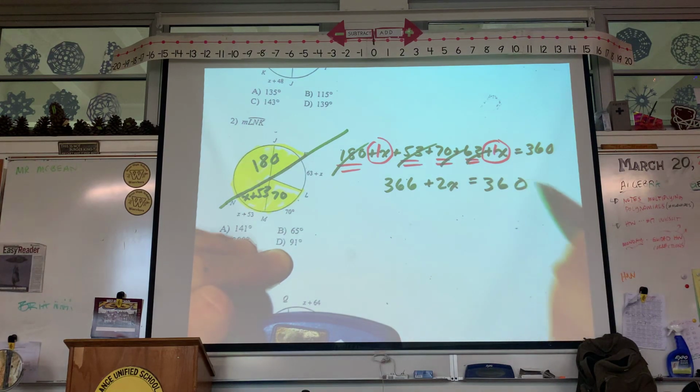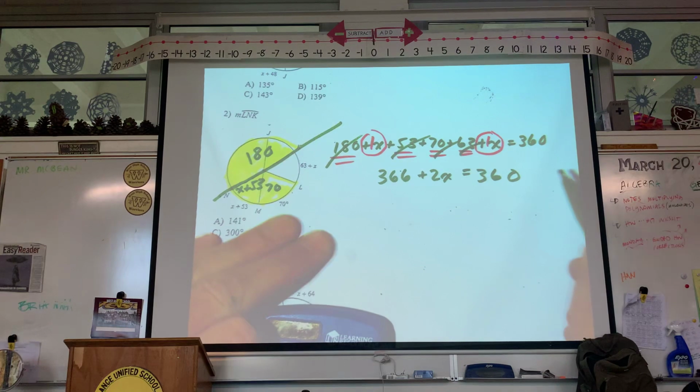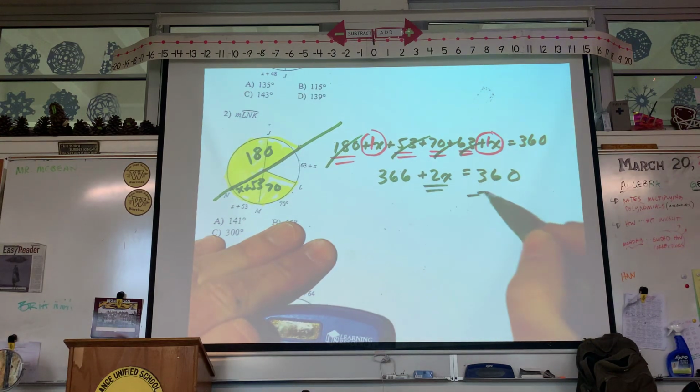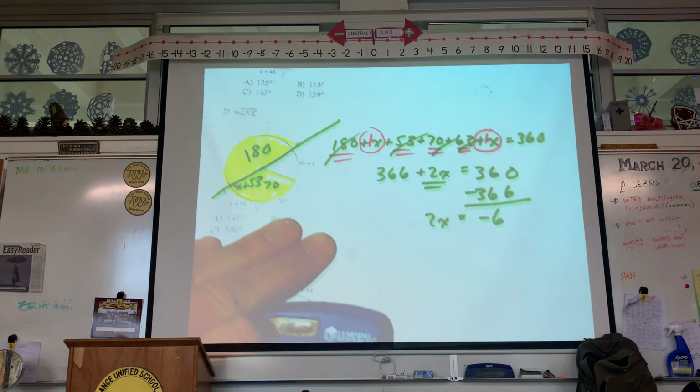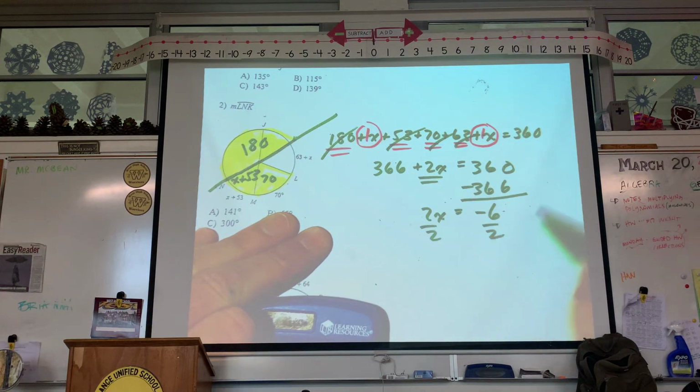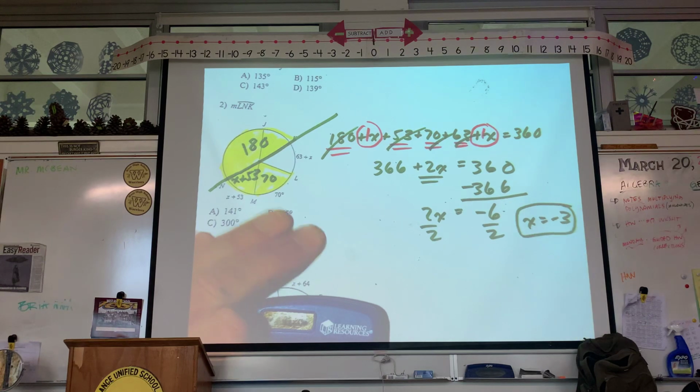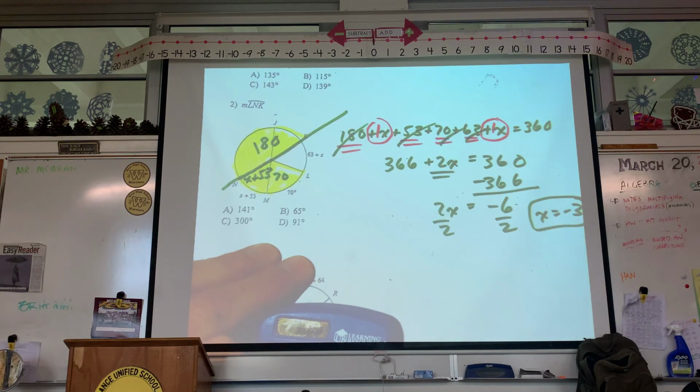If I plug it in here, -3 plus 53 equals 50. So that'd be a 50 plus 70 plus 180 would give us the whole piece. Or we could go like this: 63 plus x is really 63 minus 3. So this guy's 60. If this guy's 60, 360 take away 60 is 300.